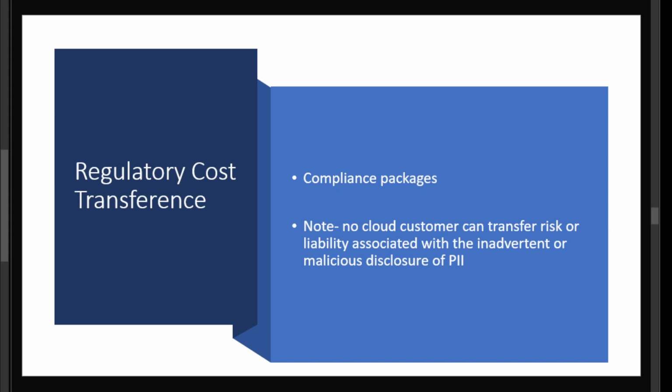However, one important concept that is also repeated in the book is that no cloud customer can transfer risk or liability associated with the inadvertent or malicious disclosure of PII. So no matter what, if that PII is disclosed, it's still on the cloud customer and not on the cloud service provider or any other entity.